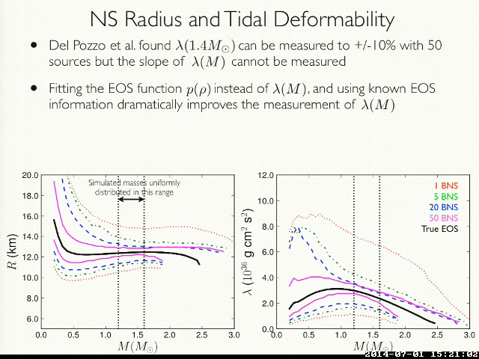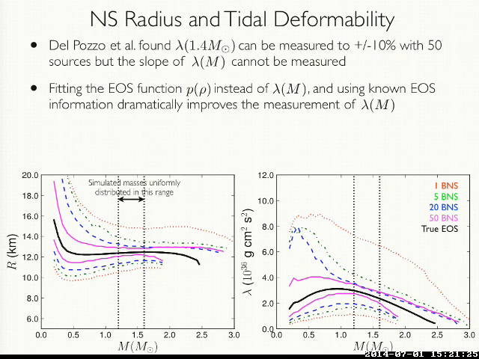But the equation of state parameters will tell you what the radius should be at any mass, so that's how you can calculate it at different masses. So that's the error for a neutron star with radius between 12 and 14 kilometers.